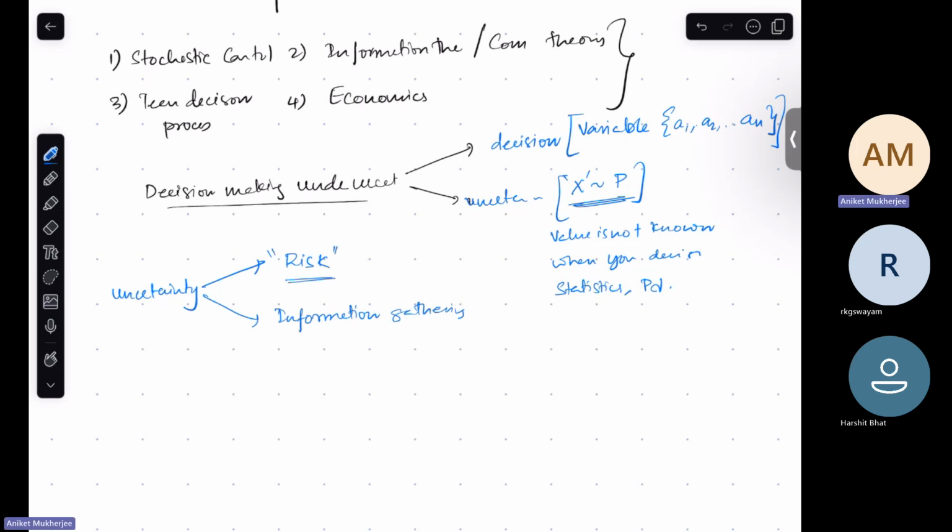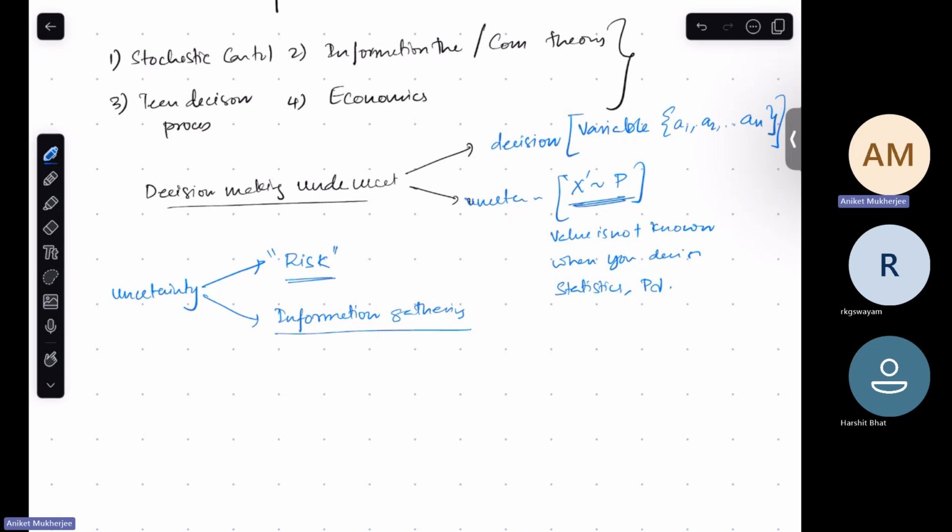Something is riskier than something else; you might lose more, you might gain more. But in this course, we'll try to define mathematically, as strictly as possible, what risk is. The second part is information gathering.